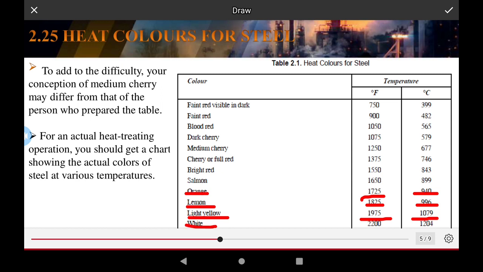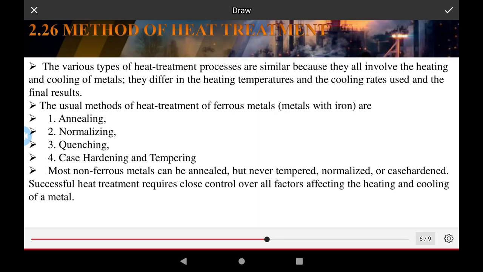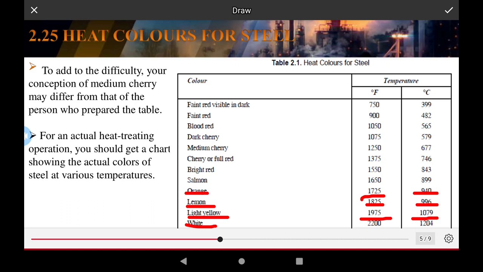White color of steel is 2200 degrees Fahrenheit, or 1204 degrees Celsius.